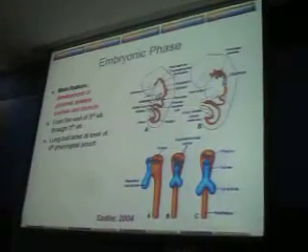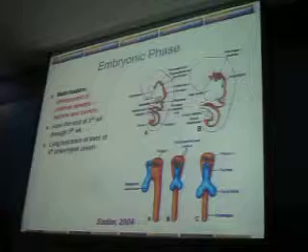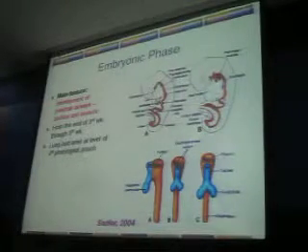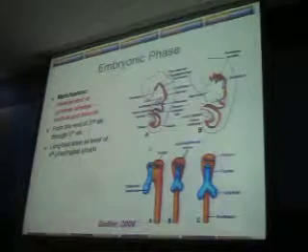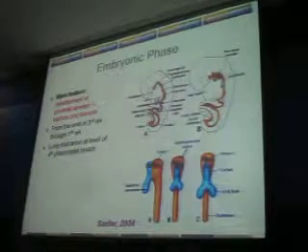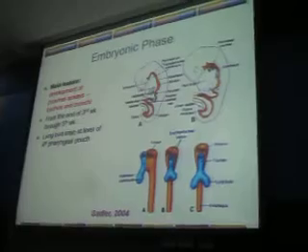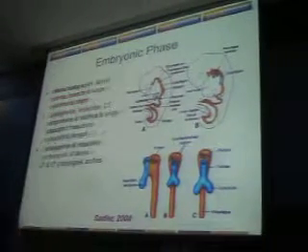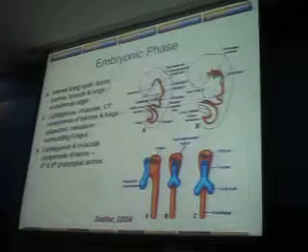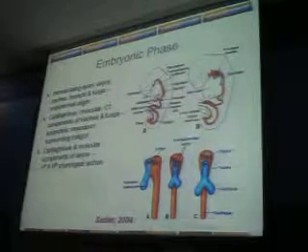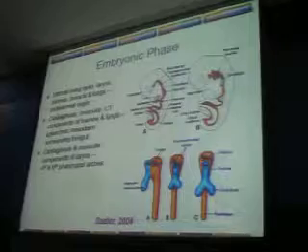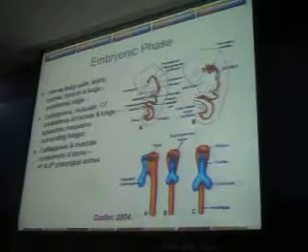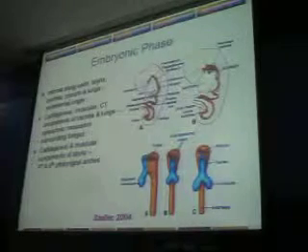For the embryonic phase, what is the main feature? It's simply the development of your proximal airways, specifically the trachea and the bronchi. Remember, the lung bud arises at the level of your 4th pharyngeal pouch. Now, I'm sorry, yung TBX4 nyo pala comes from the endoderm. Remember, the RA comes from your mesoderm, TBX4 comes from your endoderm.